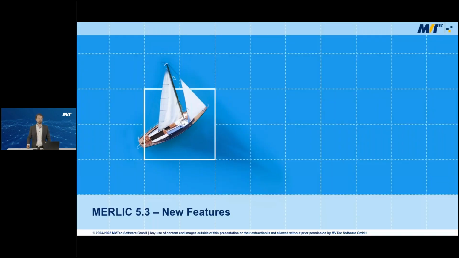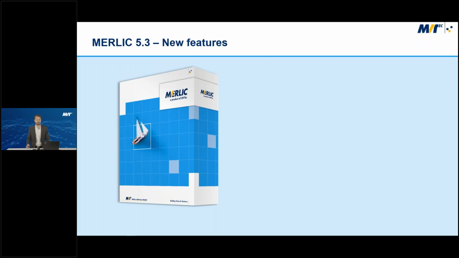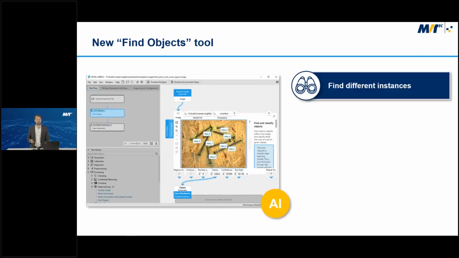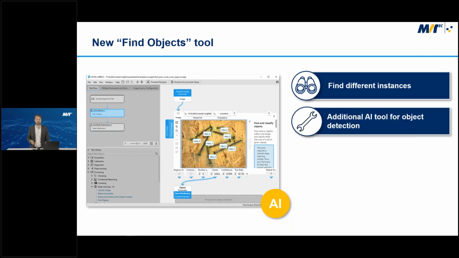So now let's move to the MERLIC 5.3 new features. And here I want to start with, as you might have expected, the new Find Objects tool. With this tool, you're going to be able to find different instances of objects. It supports both axis aligned rectangles and not aligned rectangles.